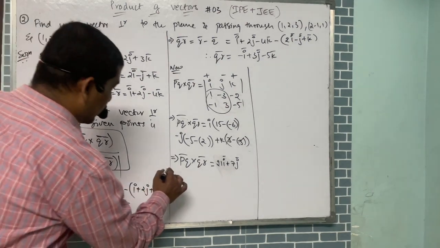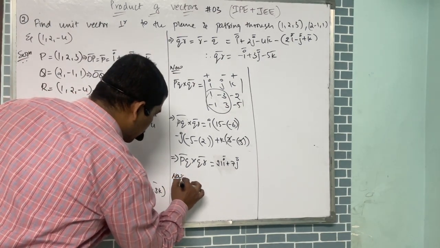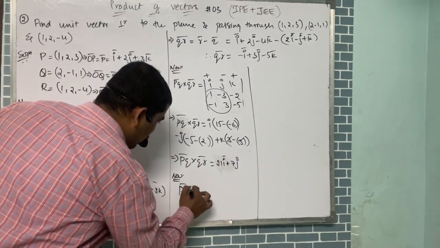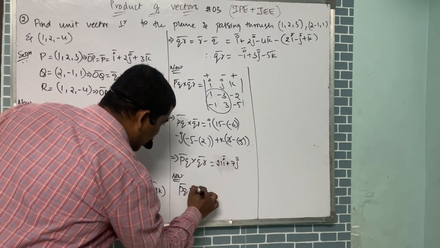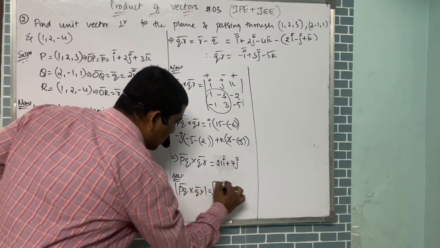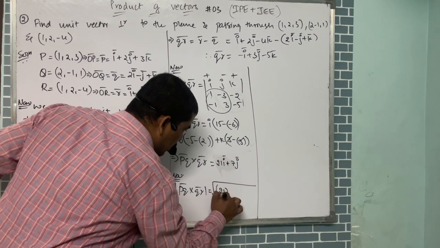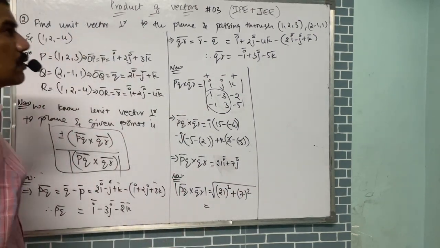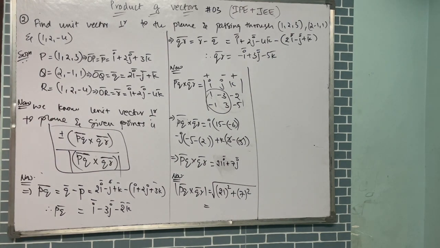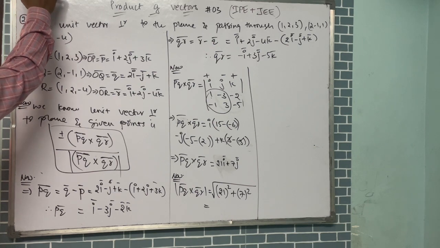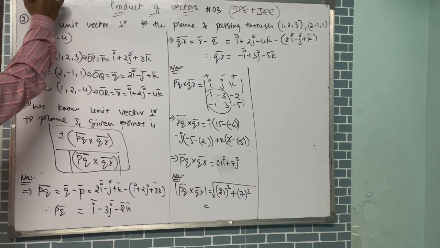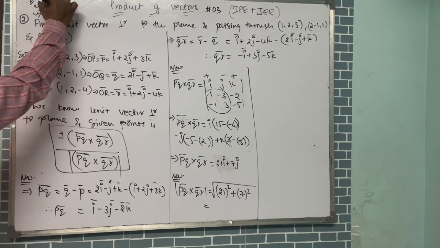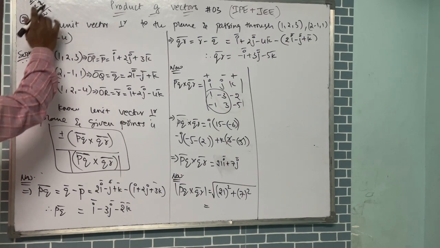Now we should find out their magnitude also. So the magnitude of PQ cross QR can be written as square root of 21 square plus 7 square. 21 square, how much? 441.